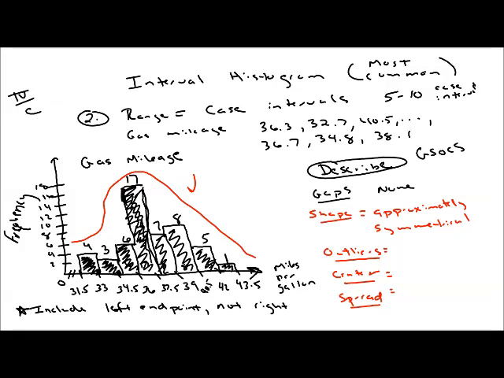So we're going to put all this data into list 1. Then you're going to hit Stat, Edit, 1-Var Stats, second 1 for list 1.